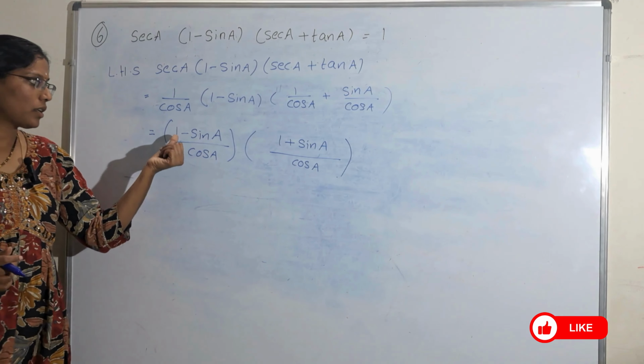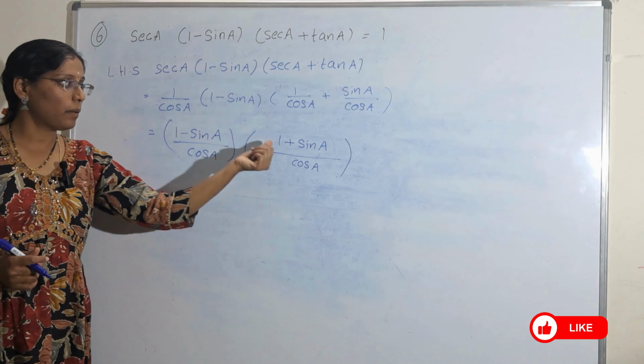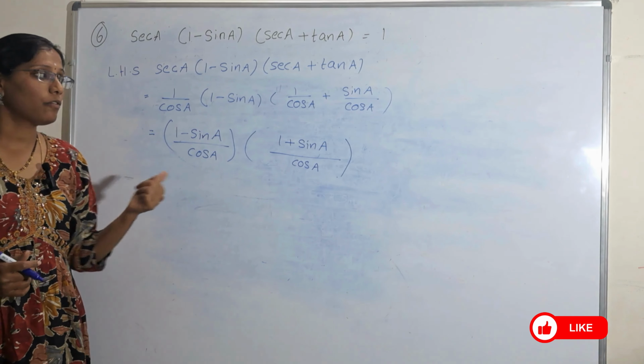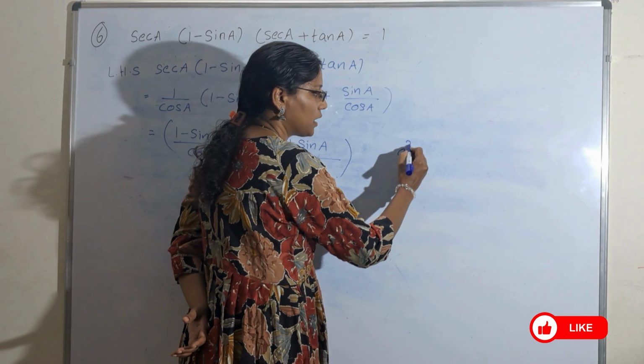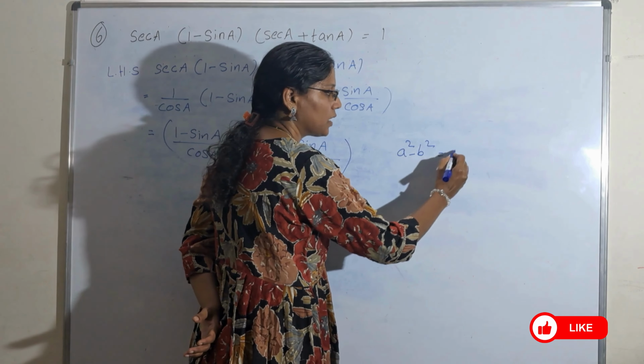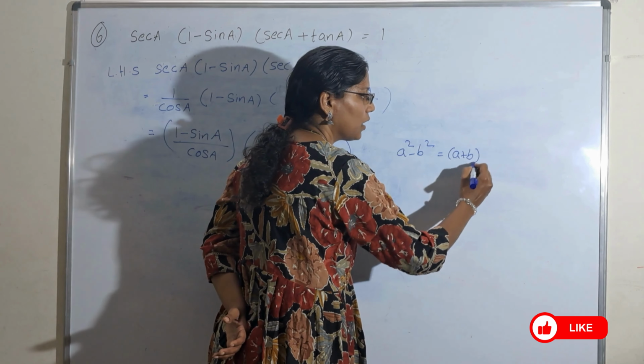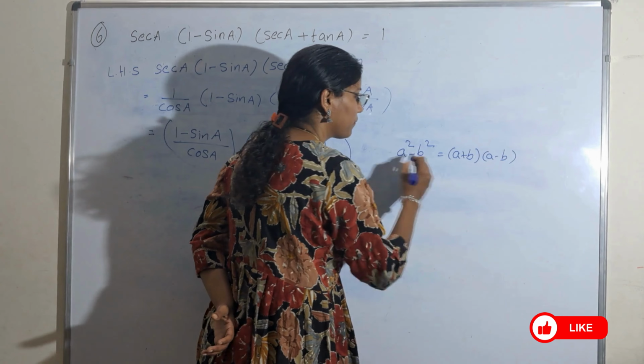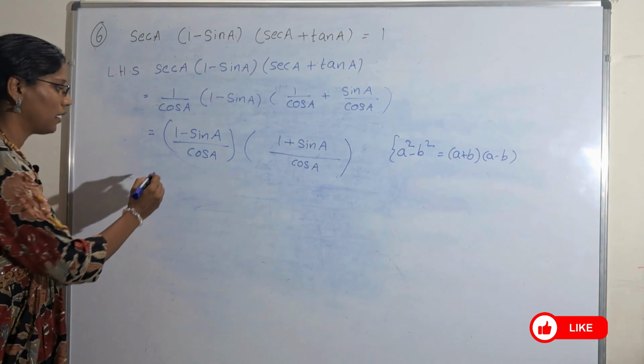Here in the numerator you should observe the A minus B form and A plus B form. We have the formula A square minus B square is equal to A plus B into A minus B. This formula we have to apply.